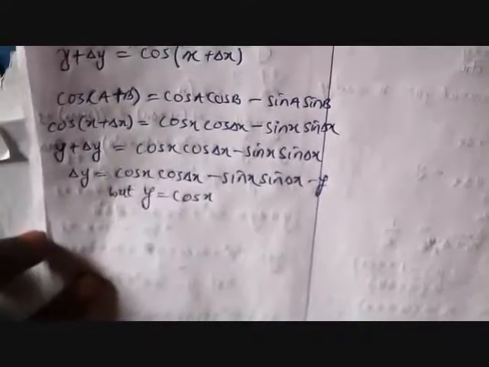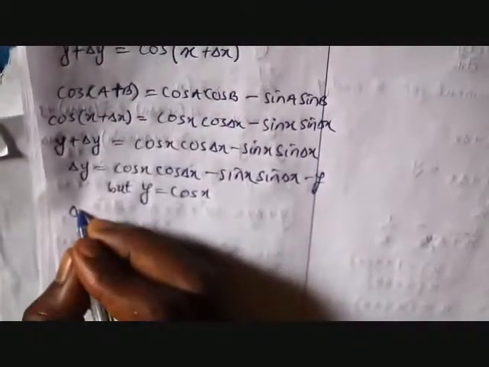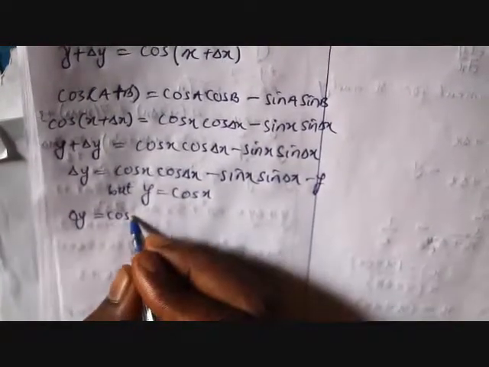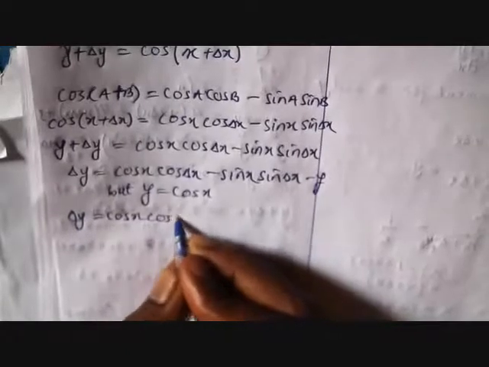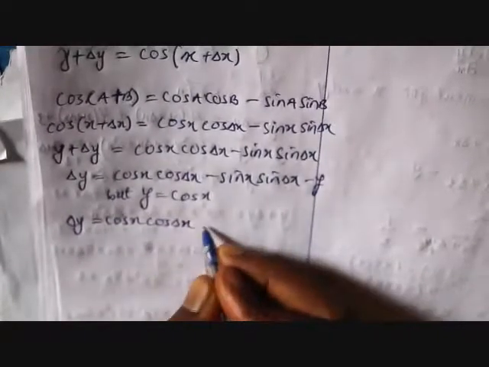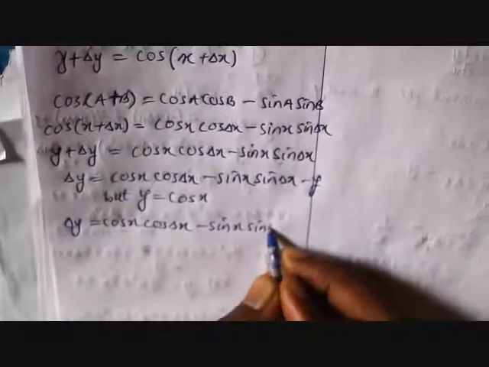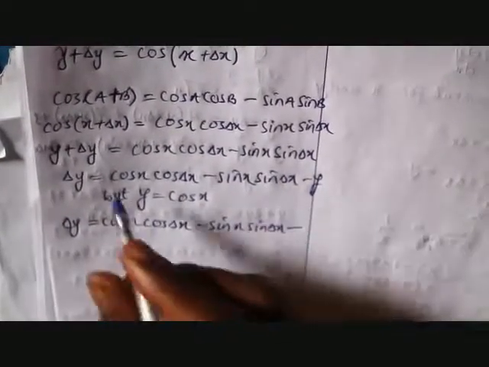Okay, so let's replace y with cos x, then dy will be cos x cos dx minus sin x sin dx minus cos x.